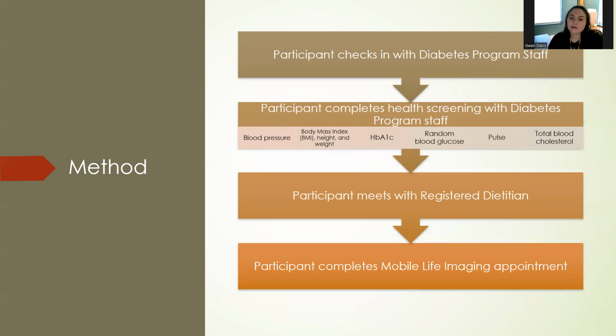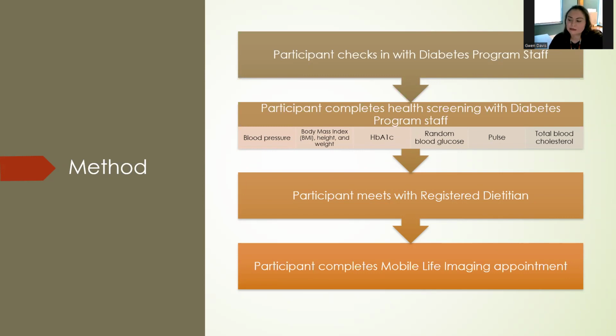The participant then moves on to the next station and meets with either our clinical registered dietitian or our community registered dietitian. And then they round out with meeting with the Mobile Life imaging team.